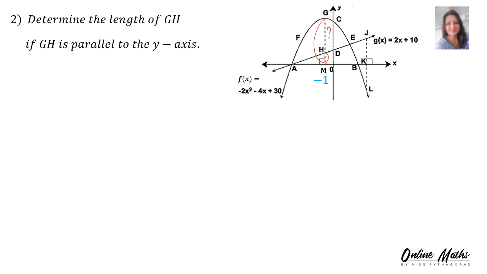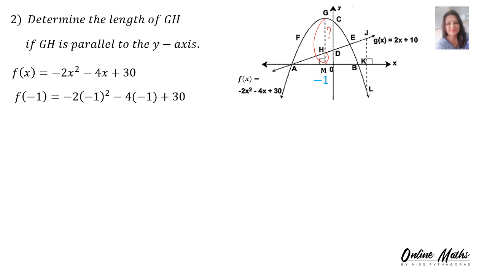So let's start. First of all, we will find the length of GM. Therefore, into the parabola, we will substitute -1 in x's place. And we end with f(-1) = -2(-1)² - 4(-1) + 30.